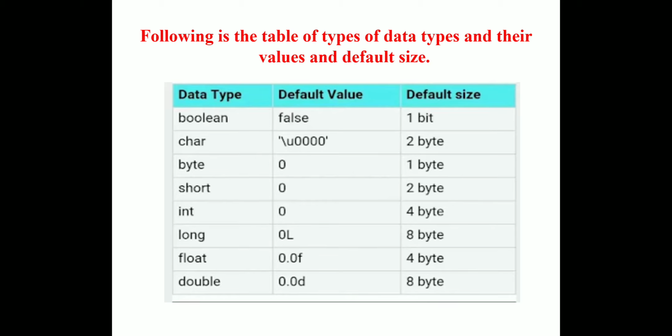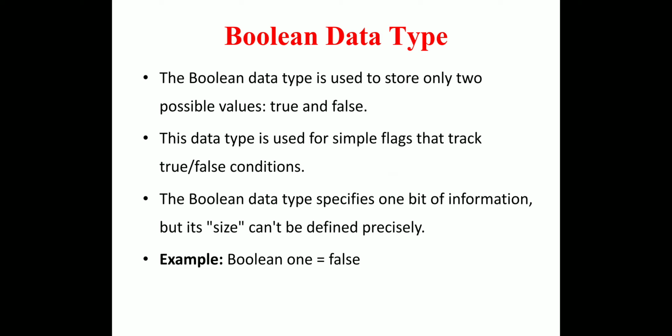Briefly, here first one is Boolean data type. Boolean data type is used to store only two possible values. First one is true, second one is false. This data type is used as a simple flag to track true or false condition.